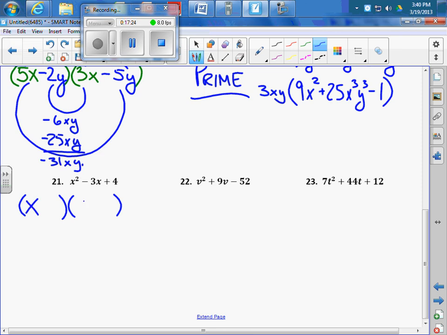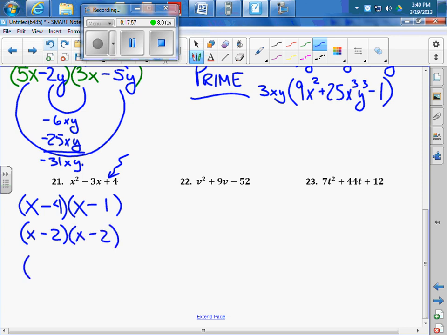I know I need to start with x times x. And I need both signs the same. Look at this. That's a plus sign, right? Whatever number I put here times whatever number I put here has to give me a positive. Both of them have to be negatives, right? So it's either going to be 4 and 1, or it's going to be x minus 2 and x minus 2.